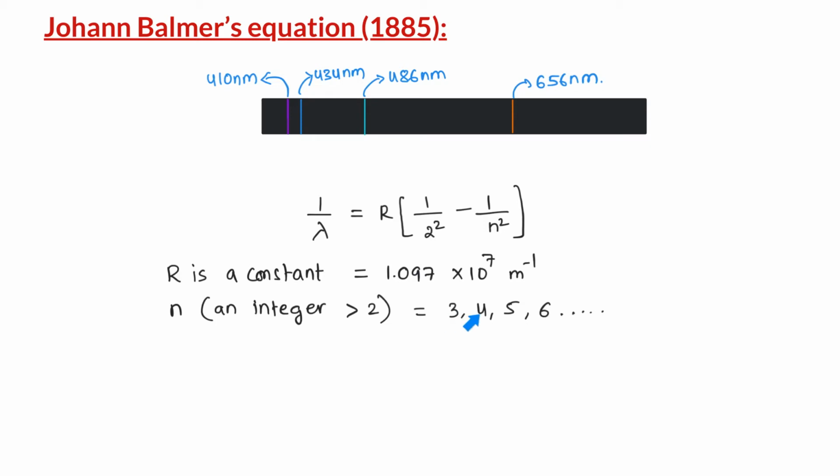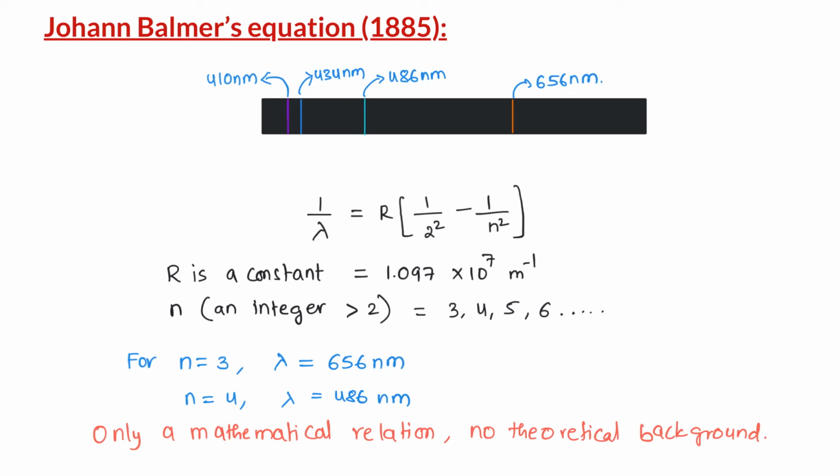For each value of n plugged into the equation, we get a corresponding value of wavelength in the hydrogen atomic spectrum. For example, for n equal to 3, we get lambda equal to 656 nanometers, and for n equal to 4, we get lambda equal to 486 nanometers, and so on. This is just a mathematical relationship that Balmer came up with based on the experimental data.